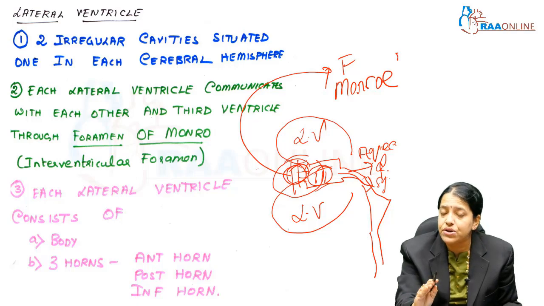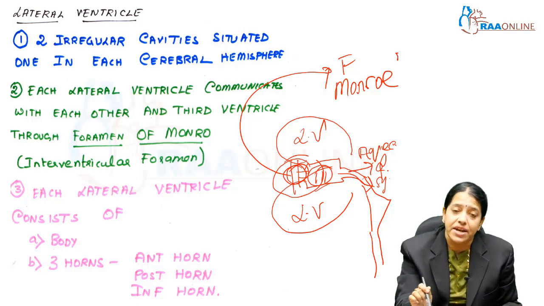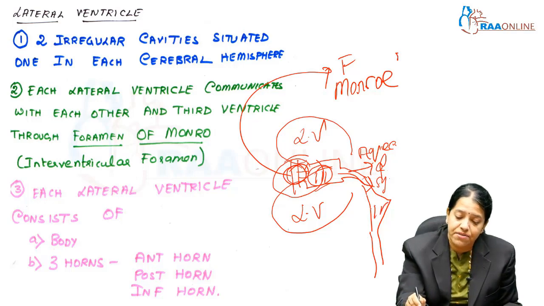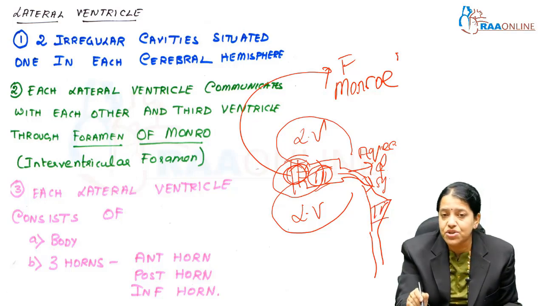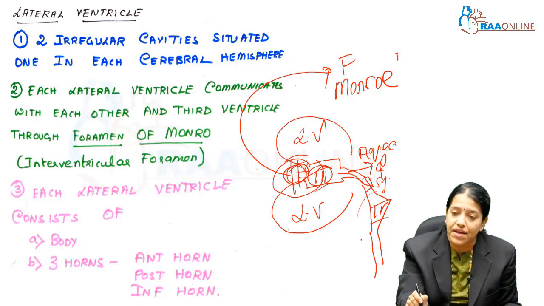Where is the aqueduct of Sylvius present? The aqueduct of Sylvius is present within the midbrain. It is a narrow communicating channel which connects the third ventricle to the fourth ventricle. Coming to the fourth ventricle, this is the cavity of the hindbrain, lying between the cerebellum behind and the pons and medulla in front.